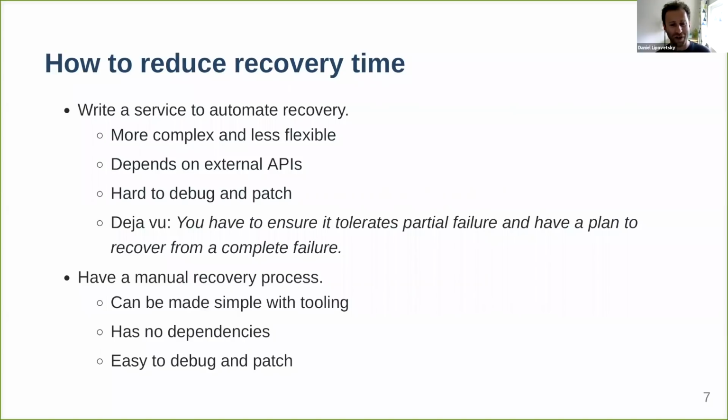But then it turns out, if you want to have this automated recovery service, you sort of have to solve that problem for the service. On the other hand, you can implement a manual recovery process, and that process can be made simple with tooling. Importantly, it has no dependencies, and it's easier to debug and to patch if there's a corner case that you didn't anticipate that you need to handle during this critical recovery phase.